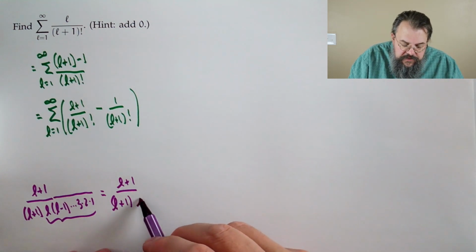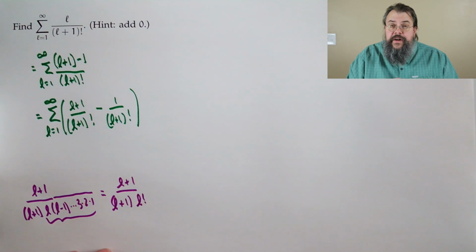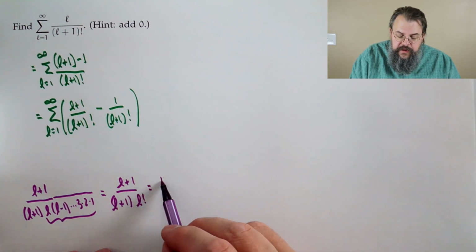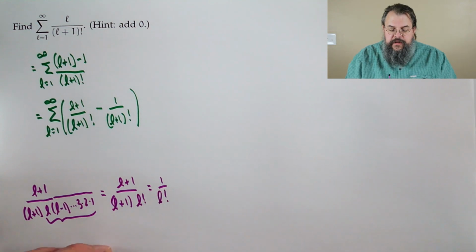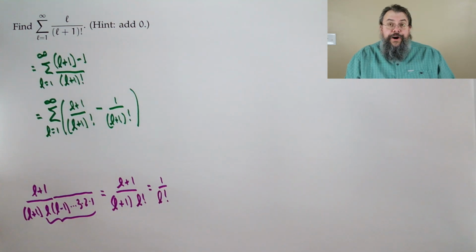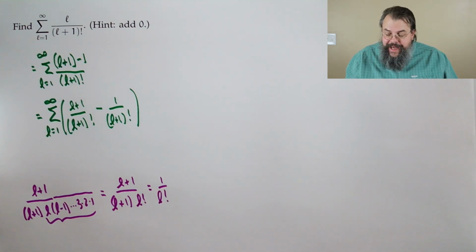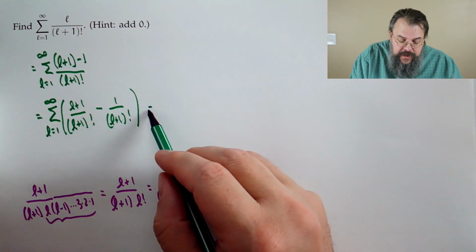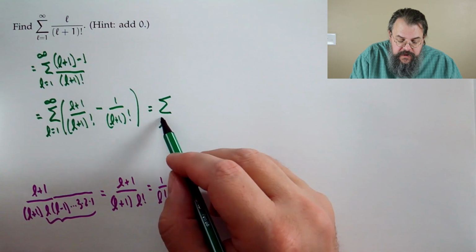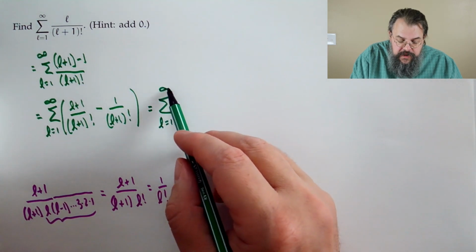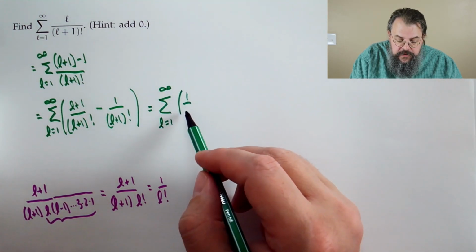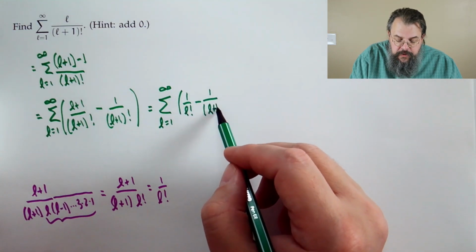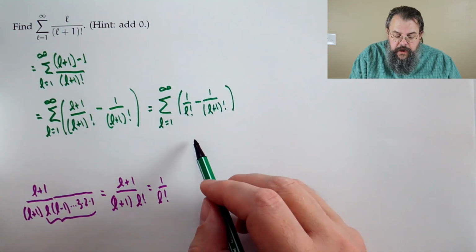So what's left is the factorial, starting at L. Now the L plus 1s cancel, so it becomes 1 over L factorial. And we're like, whoa, that's really good for us, because now this says, hey, this is the sum, starting at 1 to infinity, of 1 over L factorial minus 1 over L plus 1 factorial.